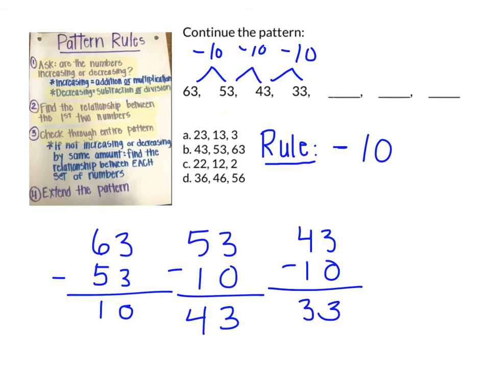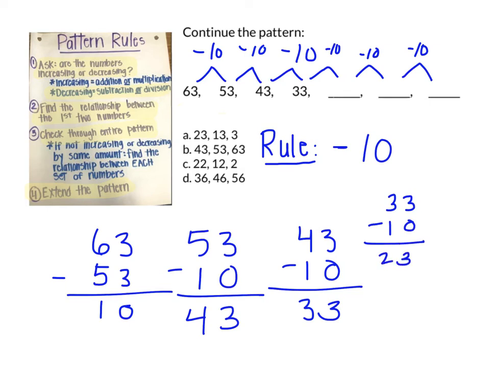So we need to continue the pattern 3 times. So we're going to subtract 10 3 more times. 33 minus 10 is 23. 23 minus 10 is 13.